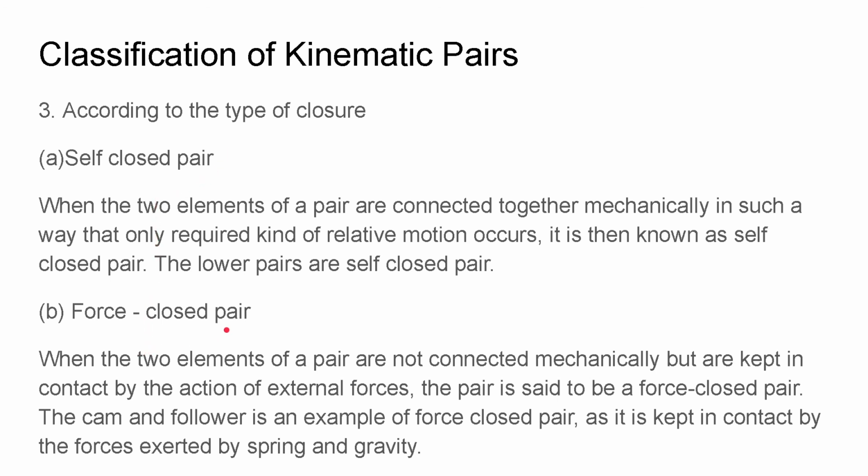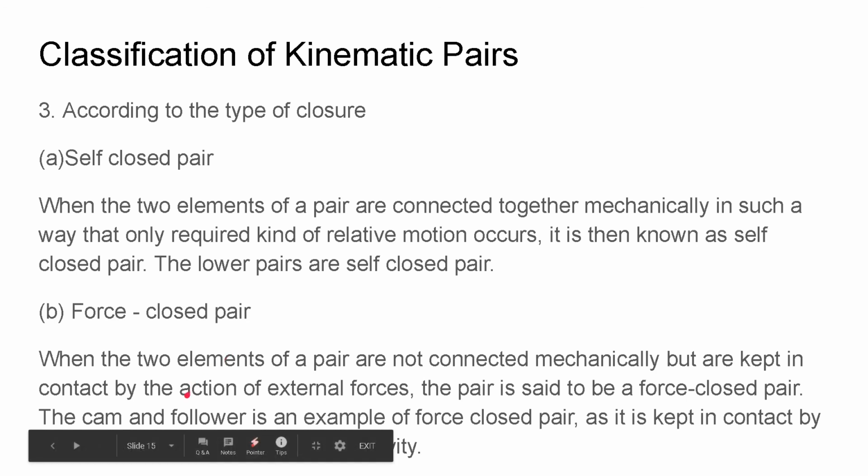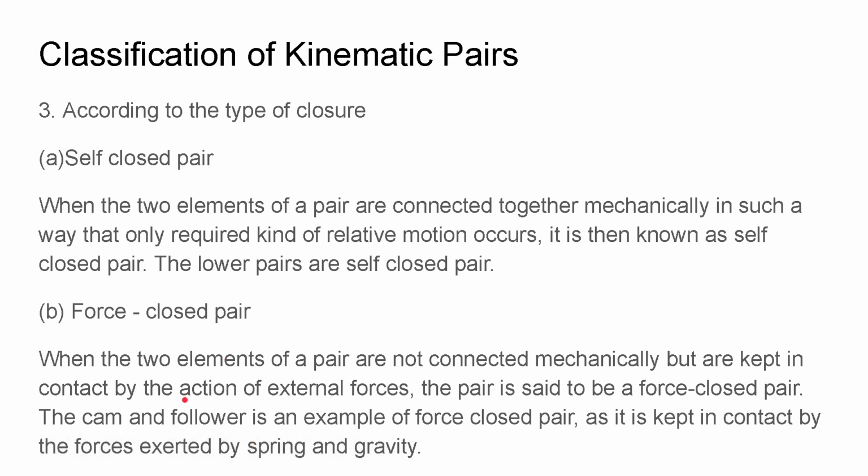Self-closed pair means when the two elements of the pair are connected together mechanically in such a way that only the required kind of relative motion occurs, and there are no externally applied forces in self-closed. So inherently they are having some fixed motion, while force-closed pair means there are some externally applied forces, and due to that force there is a limited amount of motion which is allowed.